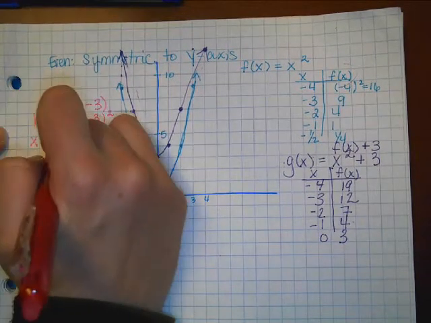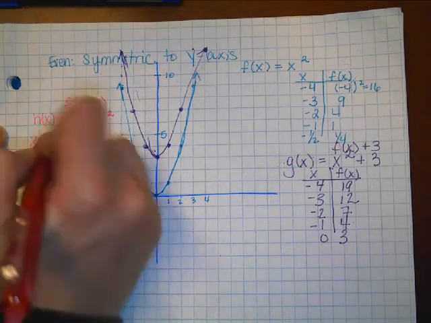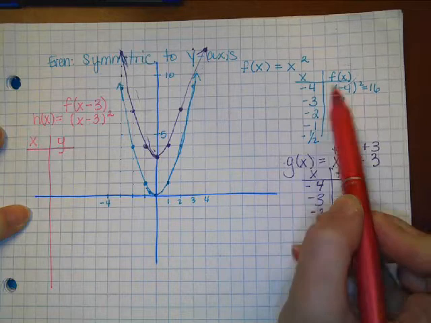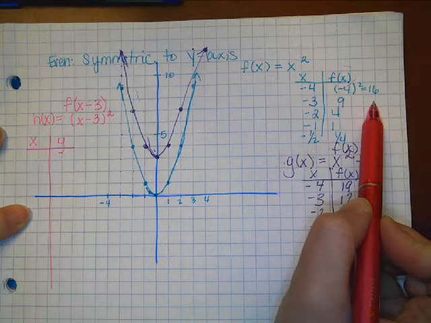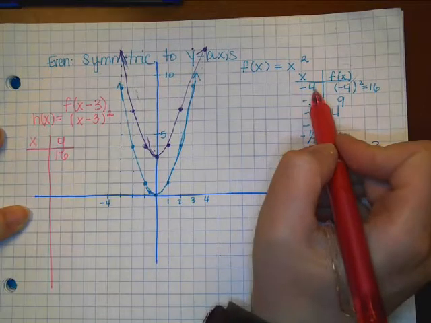So looking at the parent function table, x, y. So I'm going to change x and leave my y alone.